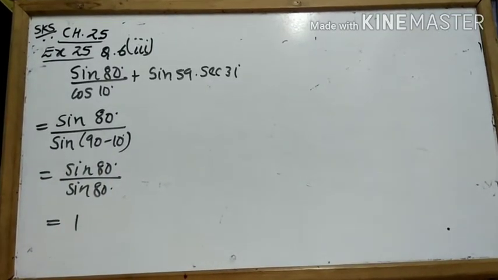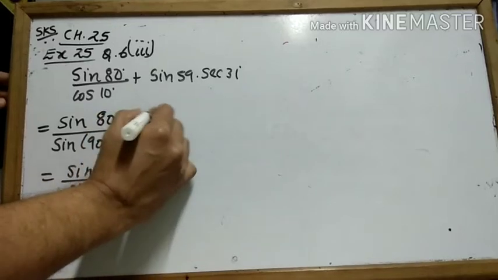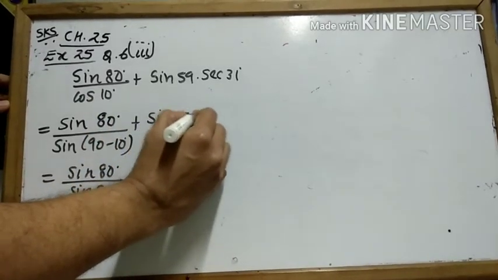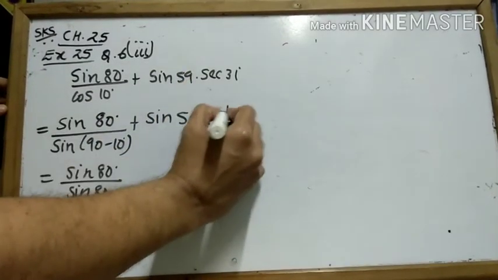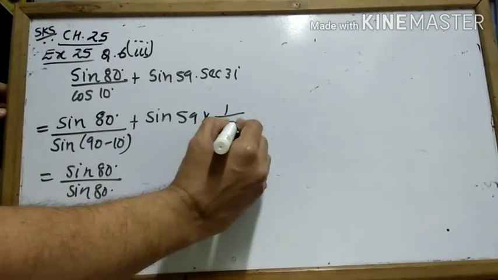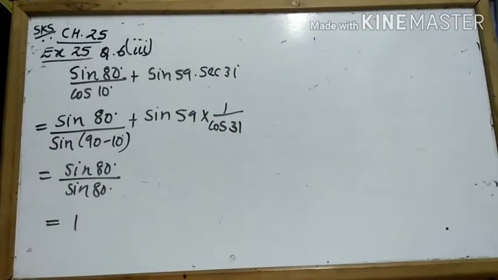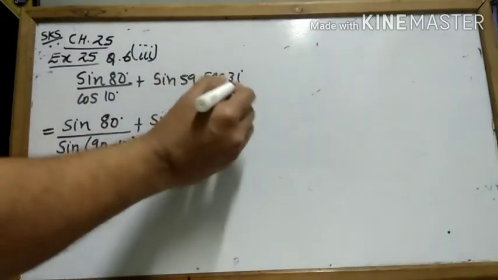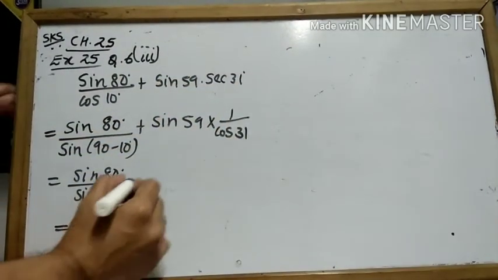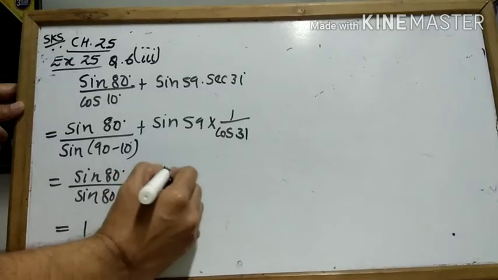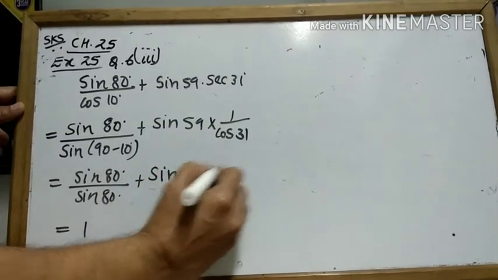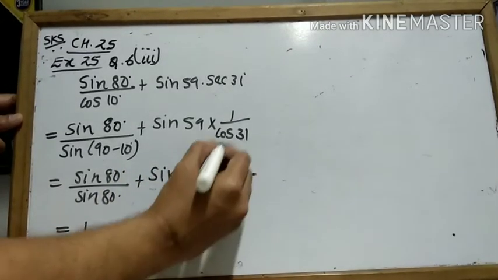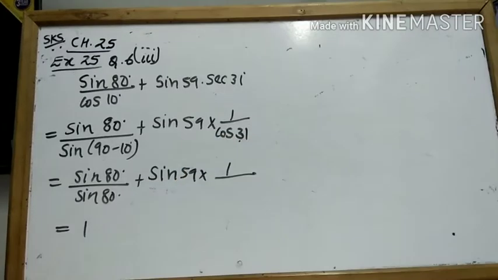What happens to the second term? That we shall see. Sine 59 degree into sec 31. If you remember the sec and cos relation, sec and cos are multiplicative inverses of each other. So instead of sec 31, I have written 1 upon cos 31. This becomes sine 59 multiplied by 1 upon cos 31, where I am considering 31 as theta.